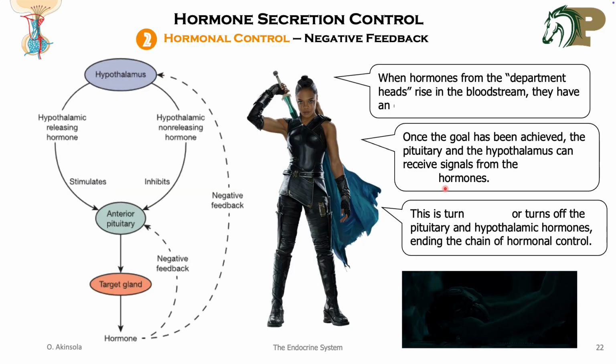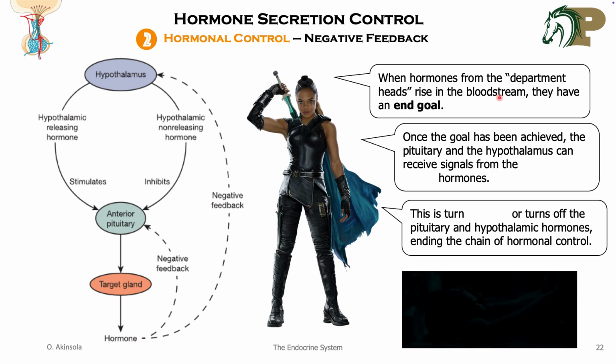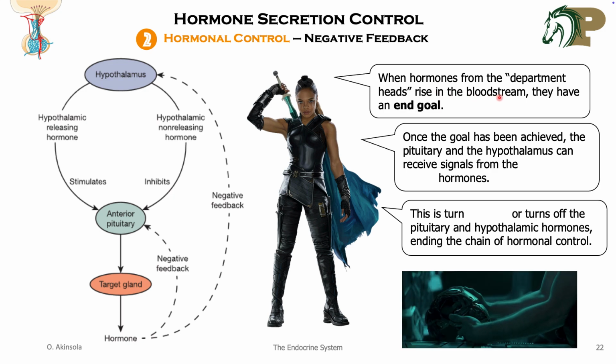Just re-exploring the concept of negative feedback. When hormones from the department heads rise in the bloodstream, they have an end goal. Okay? And once that goal has been achieved, the pituitary and hypothalamus can then receive signals from the department head hormones. Okay?